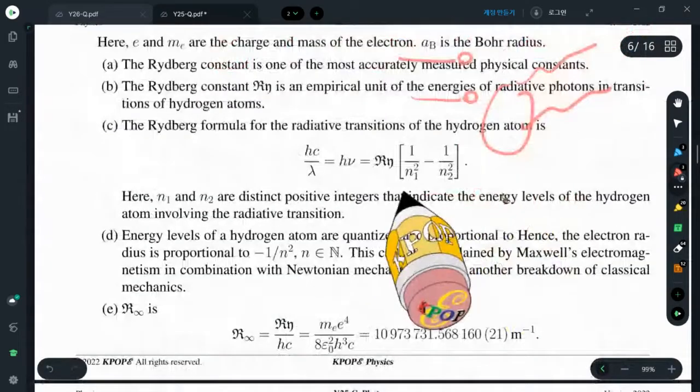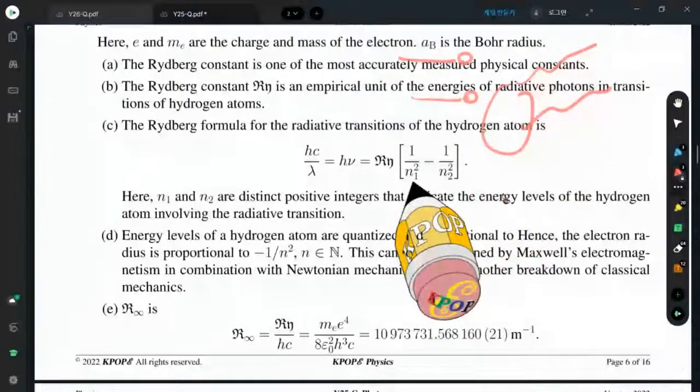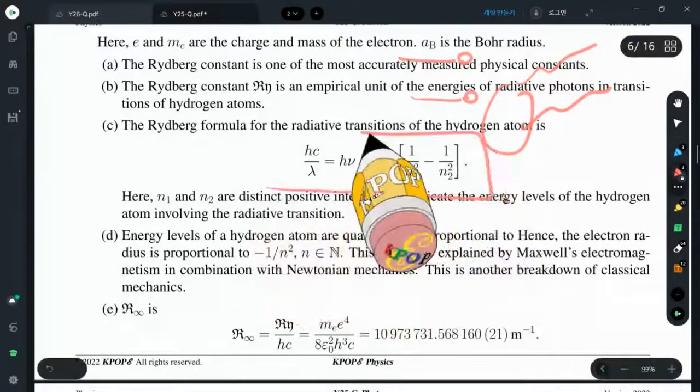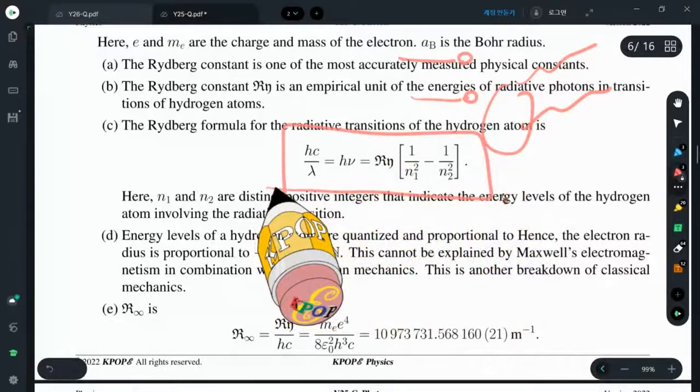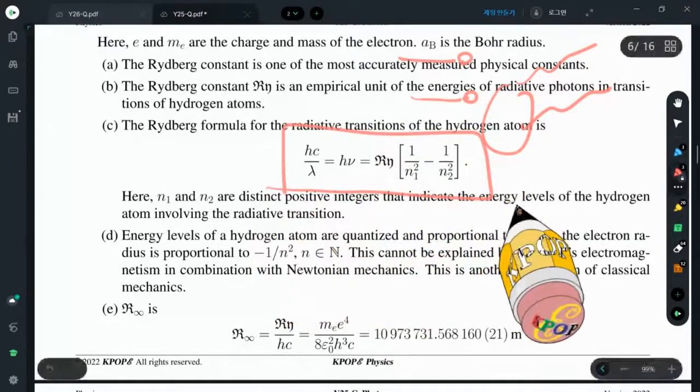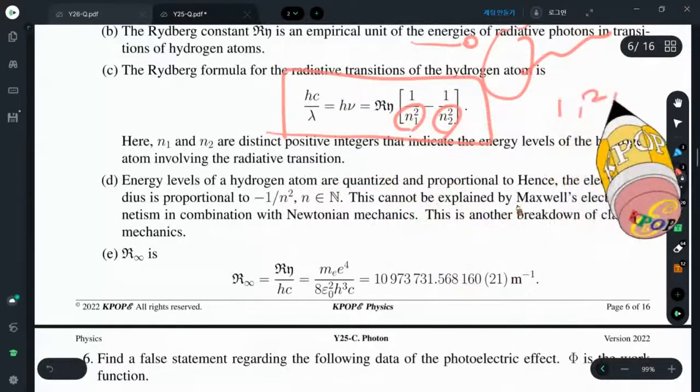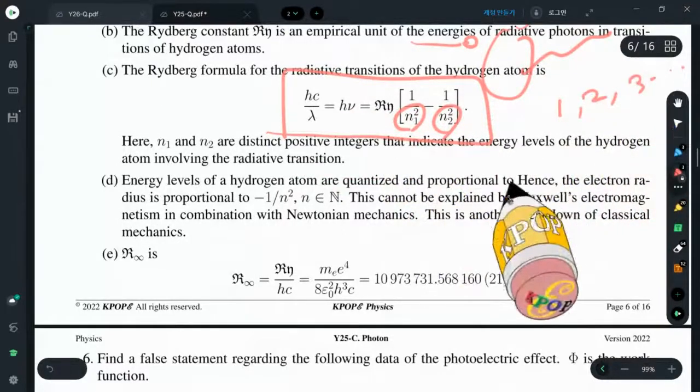Without knowing the theoretical background, the expression was already known, and these are integers, 1, 2, 3, something like that.